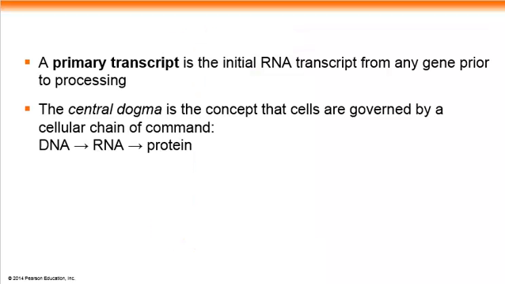To summarize, genes program protein synthesis via genetic messages in the form of messenger RNA. The molecular chain of command in a cell has a directional flow of genetic information: DNA, RNA, protein, sometimes referred to as the central dogma, which Francis Crick dubbed this concept in 1956.